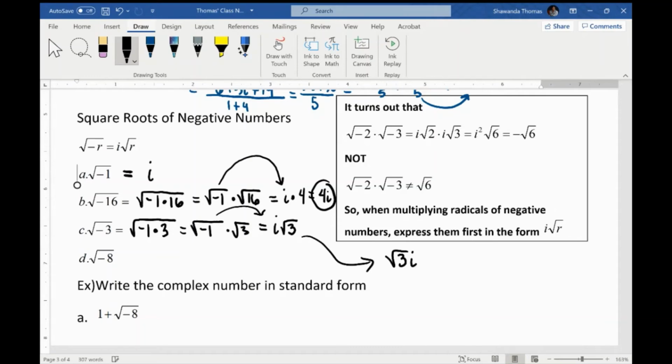But here's the problem. In WebAssign, I don't know if y'all have done radicals yet, but have y'all noticed when you put a square root or a radical it'll just keep going on like that? That's not the same thing. The I is not supposed to be under the radical.